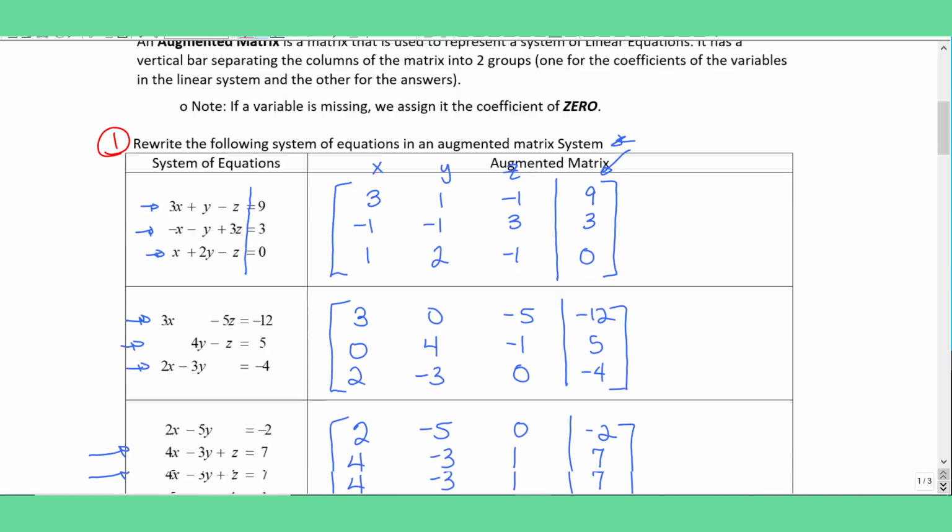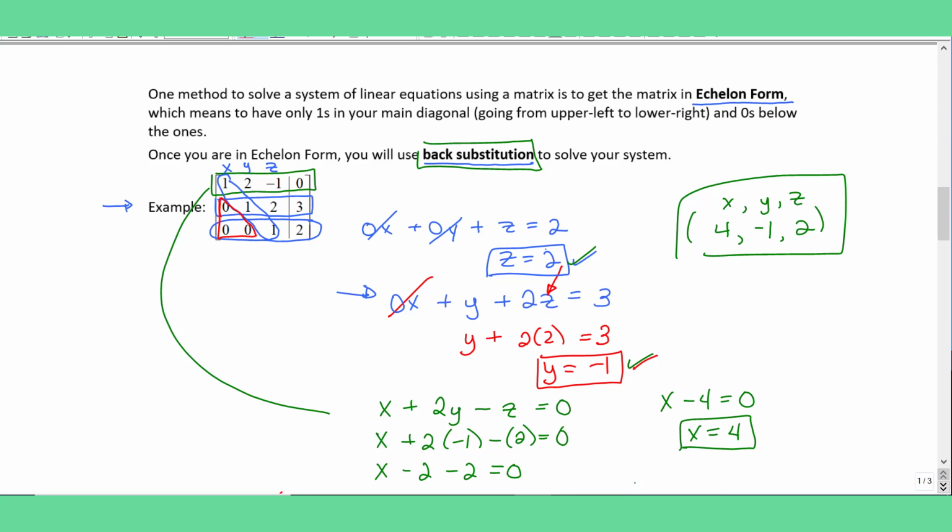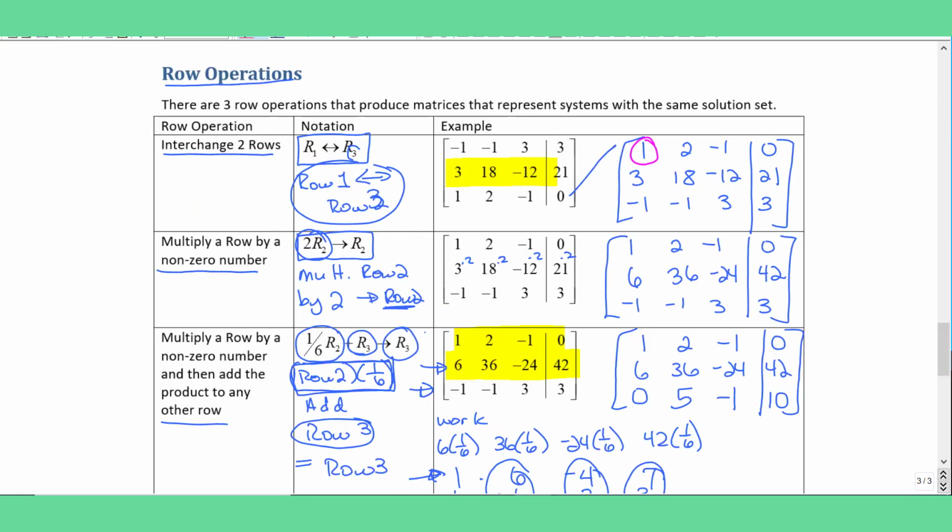Just rewrite it. I want you to be able to solve a system using back substitution if you were given something in echelon form. And the last objective is to use the given row operations and perform them and put them back in the correct matrix form.